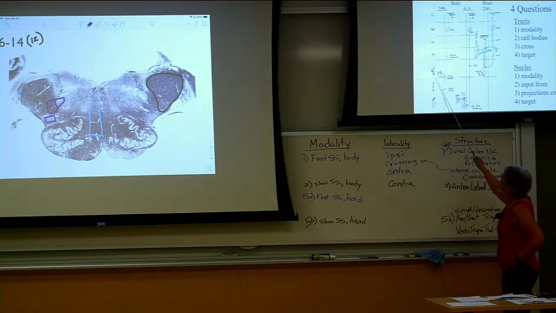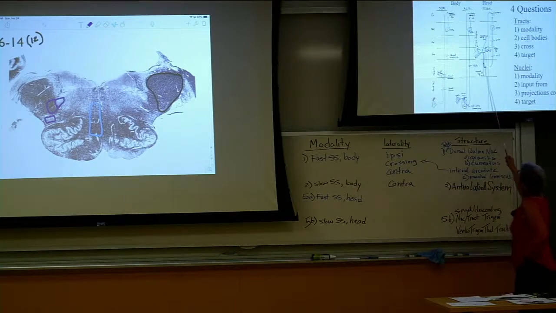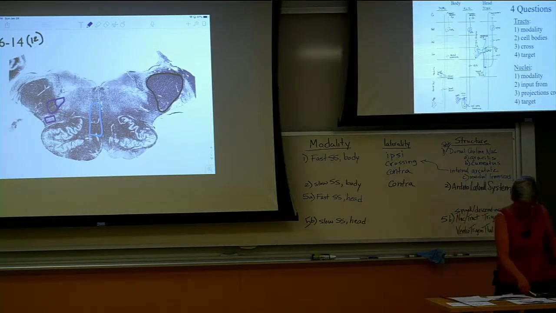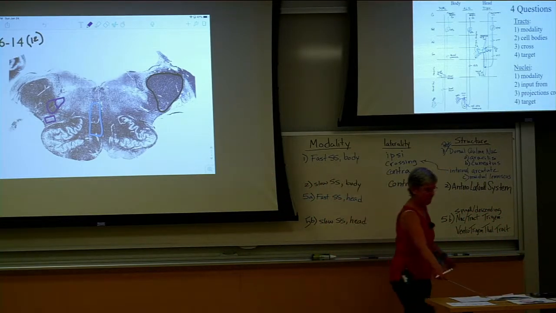So we're now in superior regions of the medulla, and so this tells us we're going to have to find our medial lemniscus, our anterolateral system, our descending or spinal nucleus and tract of the trigeminal system, and our ventral trigeminothalamic tract. Okay, so let's go ahead and do that on the sections.